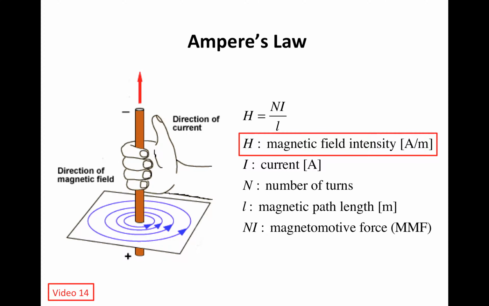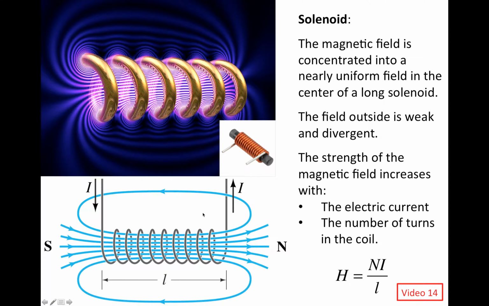So now let's talk about the inductor, which is a kinetic energy storage device. Capacitor is a potential energy storage device. Inductor is a kinetic energy storage device. Back in video 14, we talked about Ampere's law, which tells us that current flowing through a wire can induce a magnetic field. And we talked about the solenoid, which is a conductor wired into a coil.